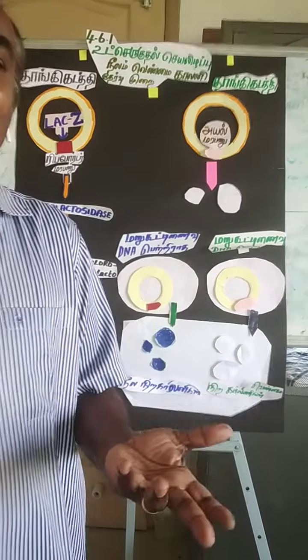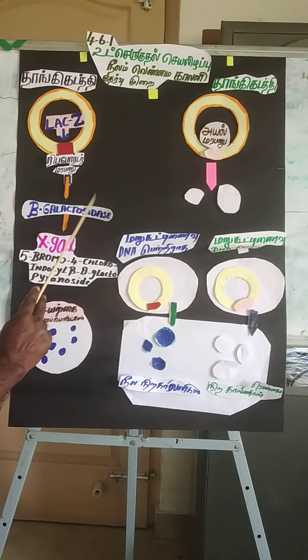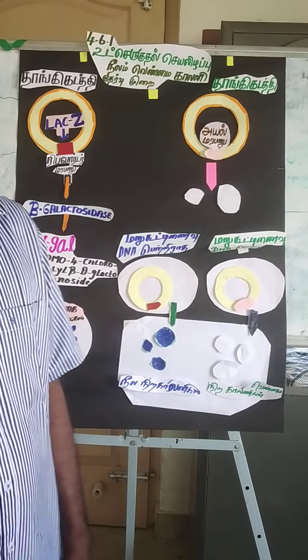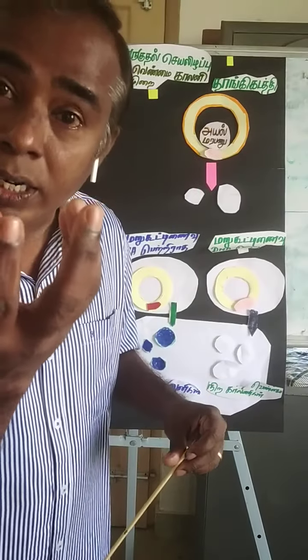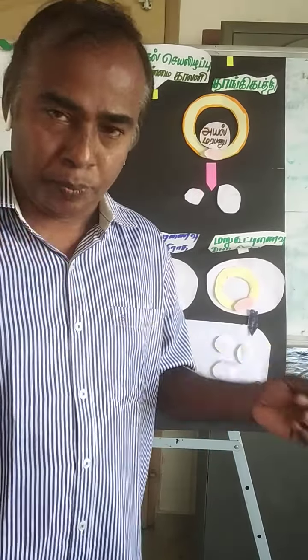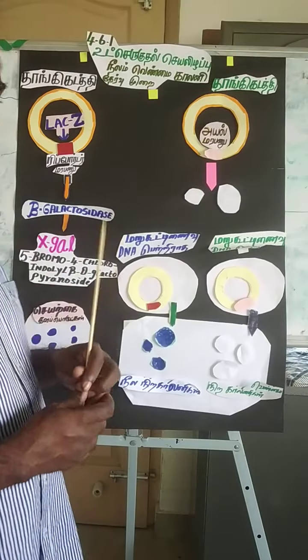So it is a synthetic substrate. This beta galactosidase enzyme breaks it down into an insoluble blue colored product, a blue colored byproduct. That's the role of this beta galactosidase.